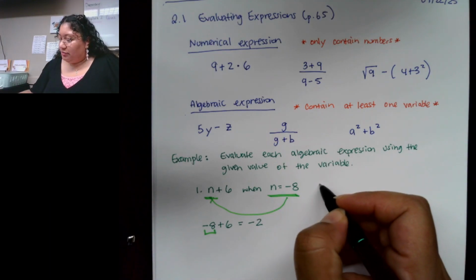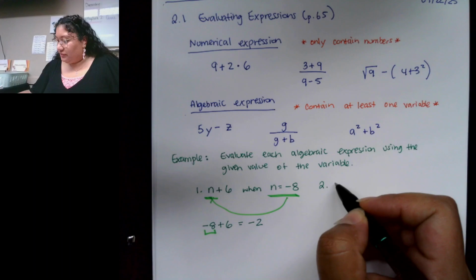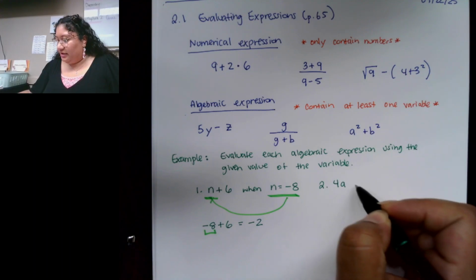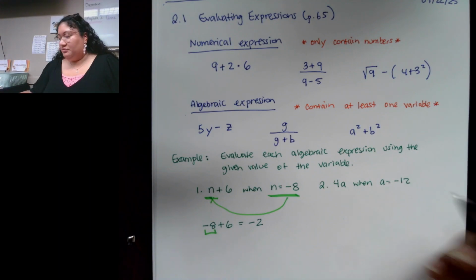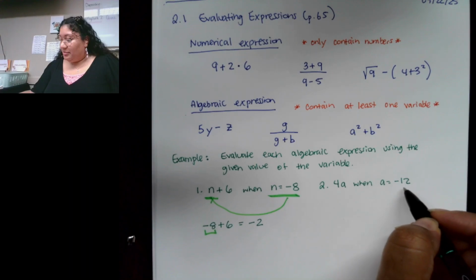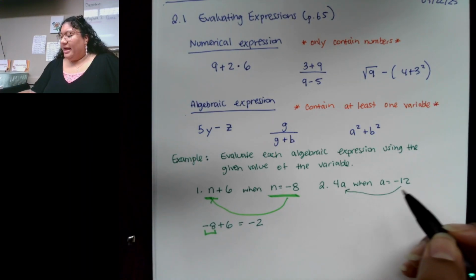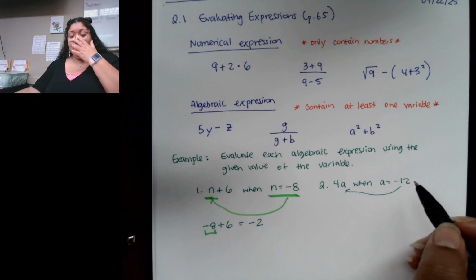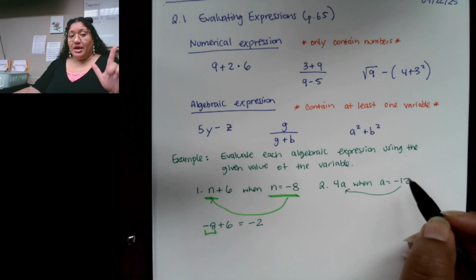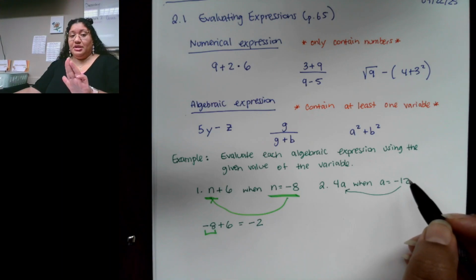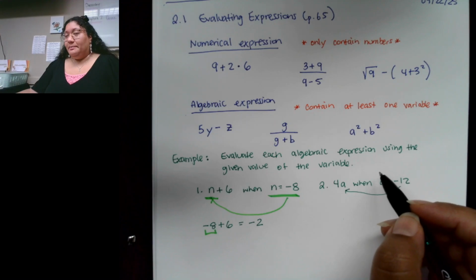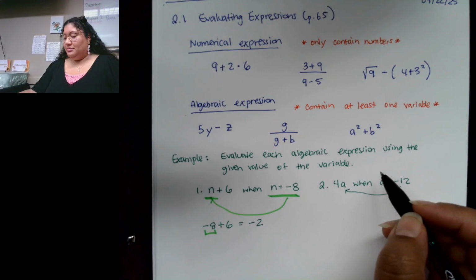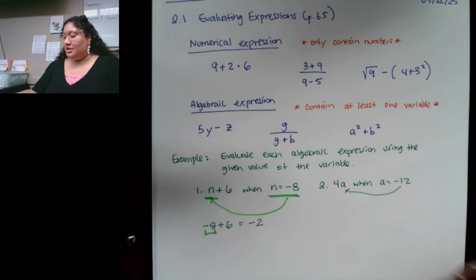Okay, number 2, número 2. 4a, when a equals negative 12. Just like before, I'm going to plug it in. If there is no symbol, such as addition, subtraction, multiplication, or division, right in between the 4 and a, what symbol is secretly there? What's the only symbol that hides? Multiplication.